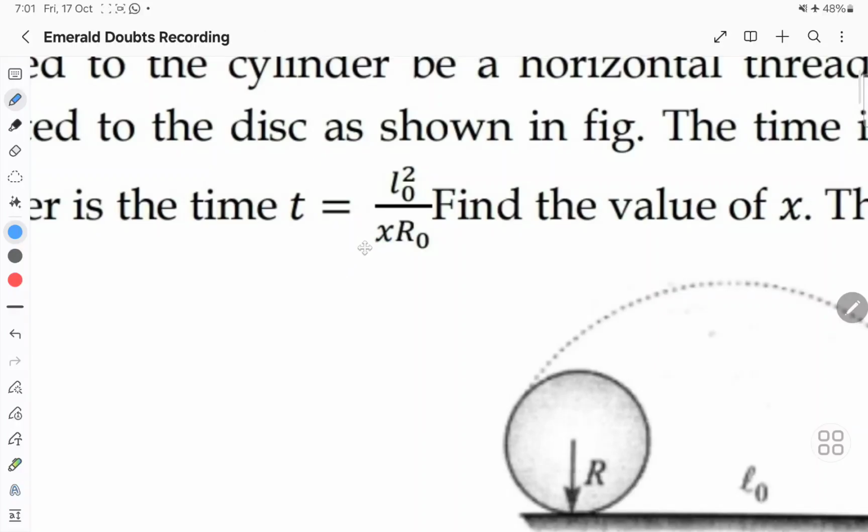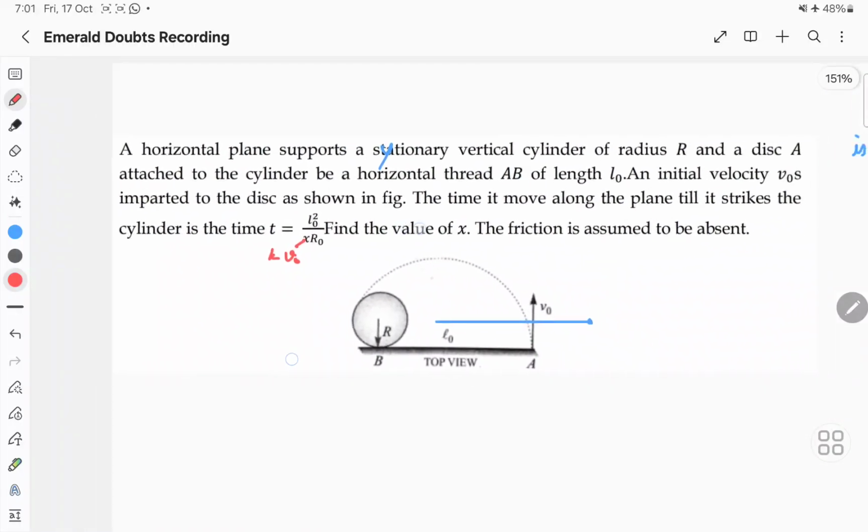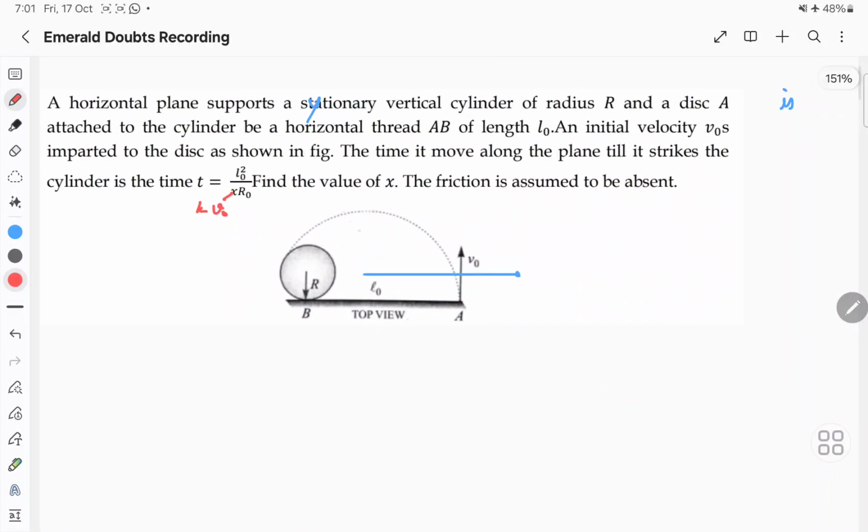So the x is clearly in terms of V0, as per dimension, and obviously the more the speed, the lesser will be the time. So we have to find how much V0 is that x.